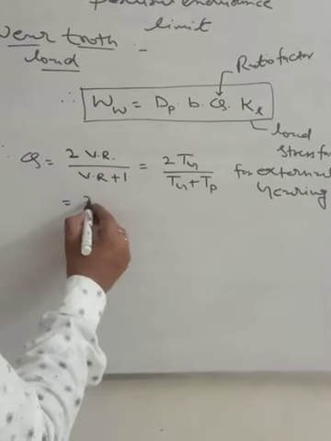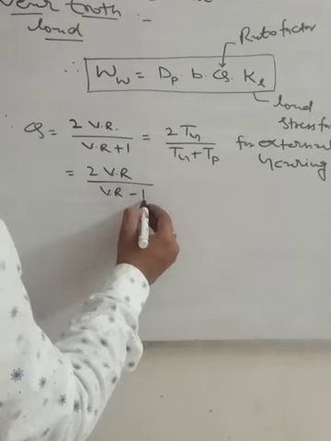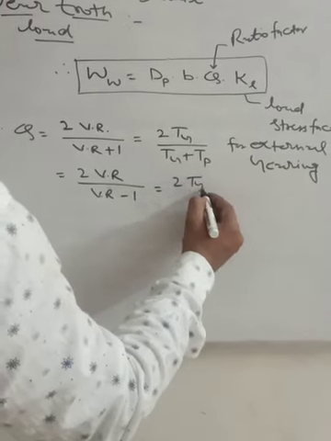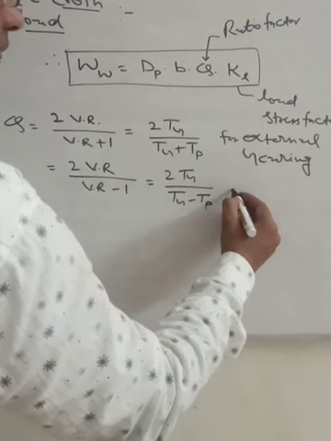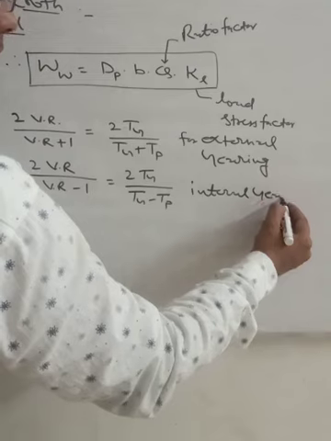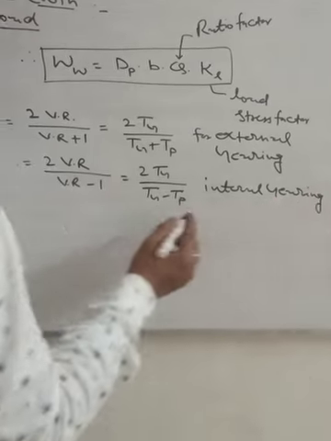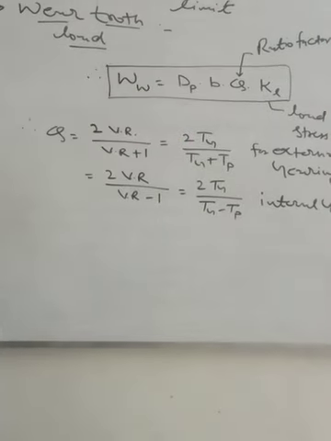If it is an internal gearing, then it is twice Vr upon Vr minus 1, that is twice Tg upon Tg minus Tp, for internal gearing. This Q can be calculated, and by putting the value we can calculate the wear tooth load.